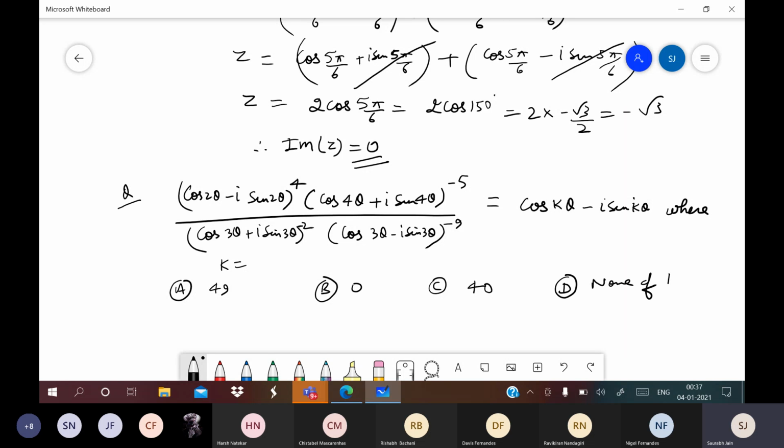Okay. Try to simplify this term on the LHS. All right. Compare it with the term on the RHS, and from there you will be able to get k. Just try this. Okay.